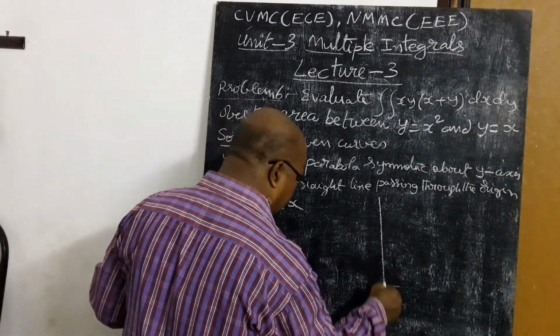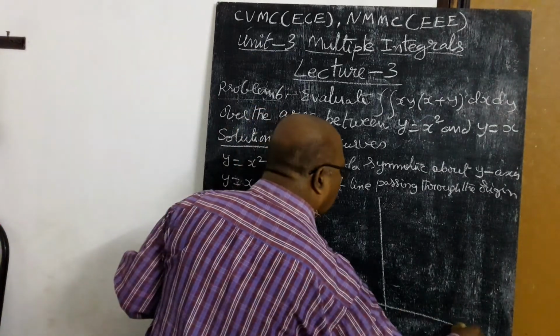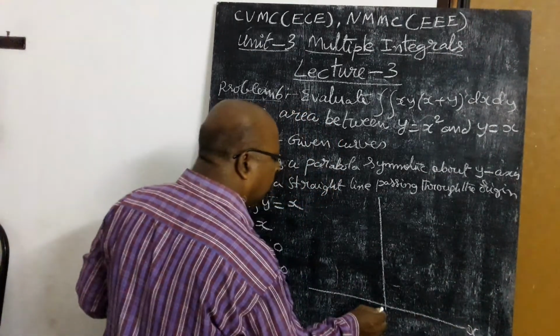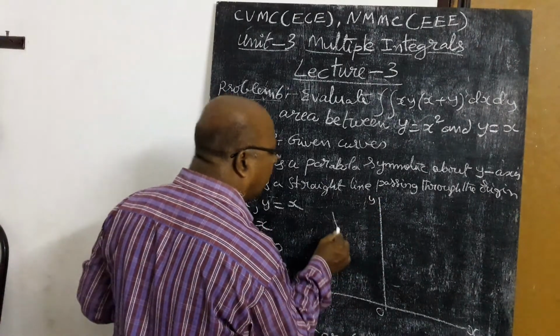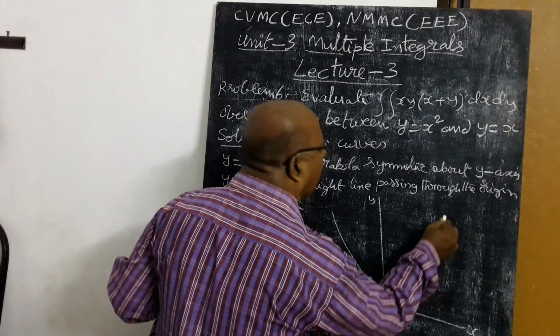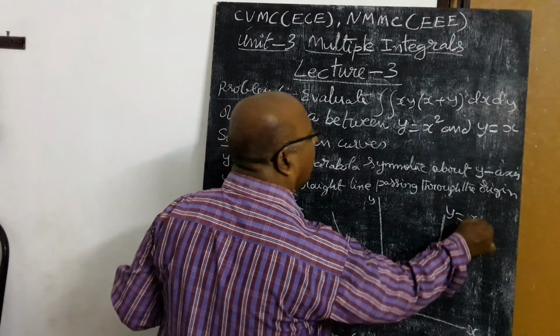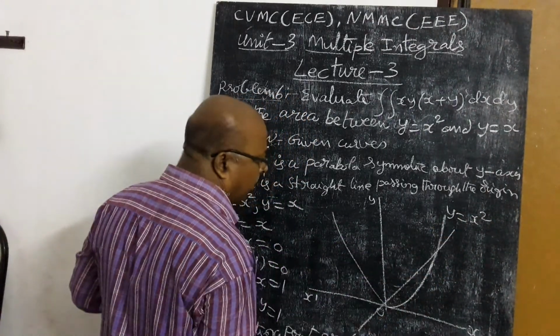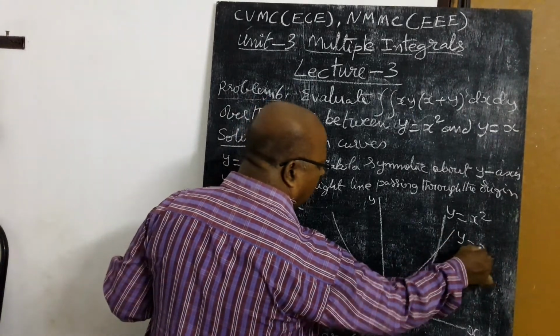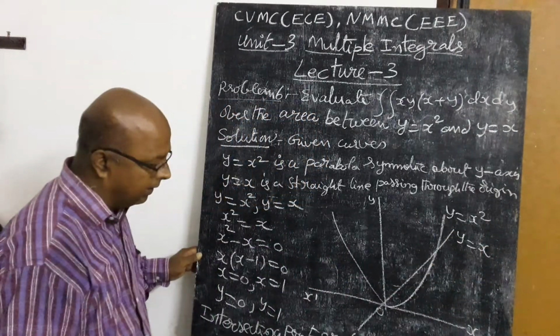So, draw the diagram. x dash, 0, x, y dash. This is your parabola, y is equal to x square. This is your straight line passing through the origin, y is equal to x.